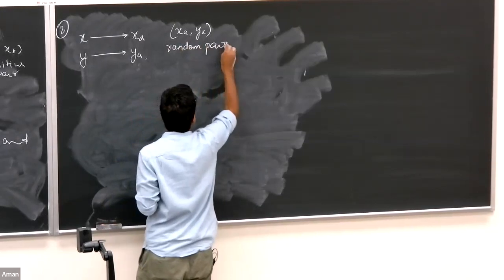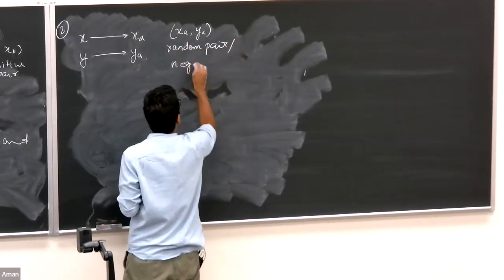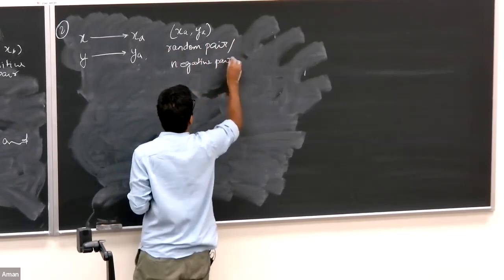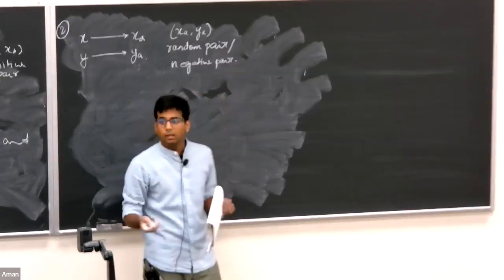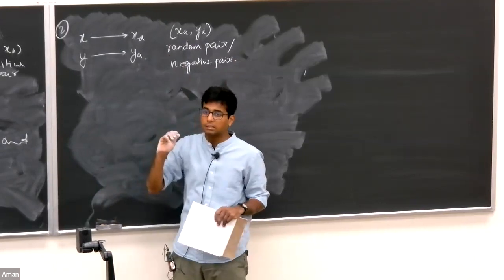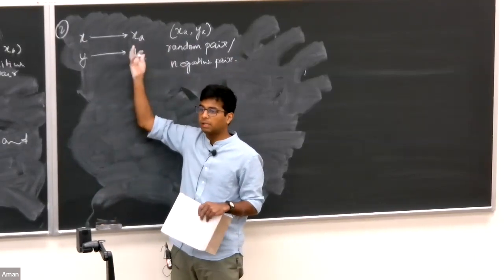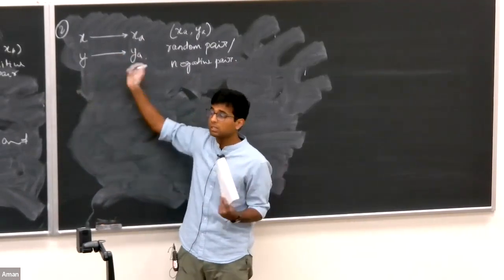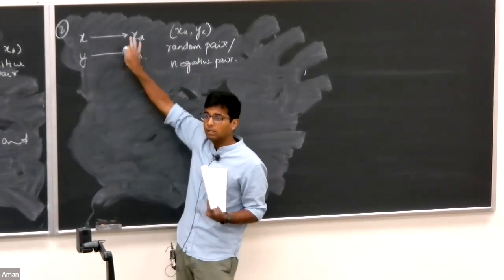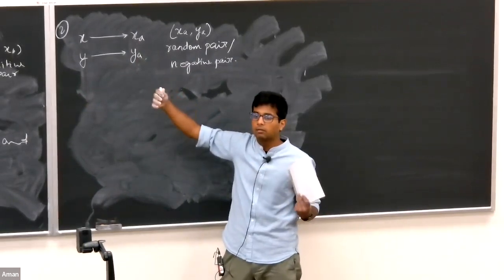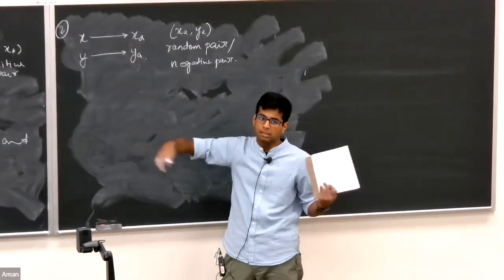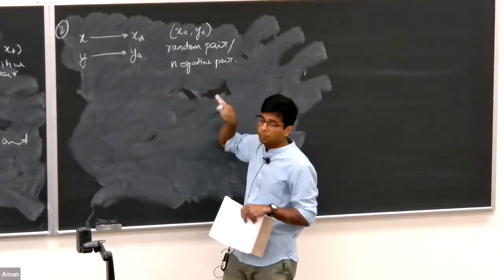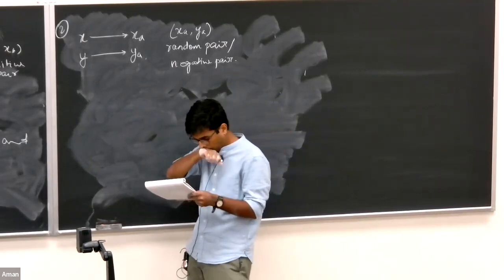It's also called a negative pair, but the term negative pair is not entirely accurate, because there is no guarantee that these two belong to different classes. These could just be images of dogs, but just different dogs. So there is no way of saying that these two are negative in any sense. They might belong to the same class, they might even be the same scene, but they're just not the same image. So it's a random pair that way.